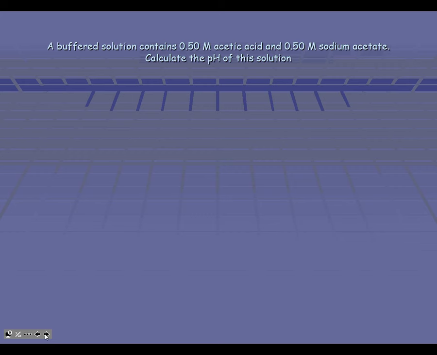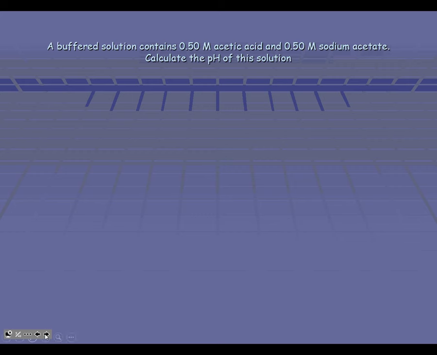So let's try a problem and see how adding in a common ion changes it up a little bit. A buffered solution contains 0.5 molar acetic acid and 0.5 molar sodium acetate. Calculate the pH of this solution.